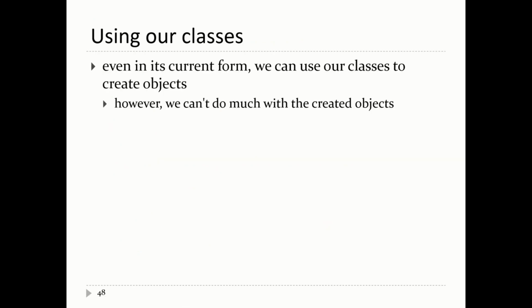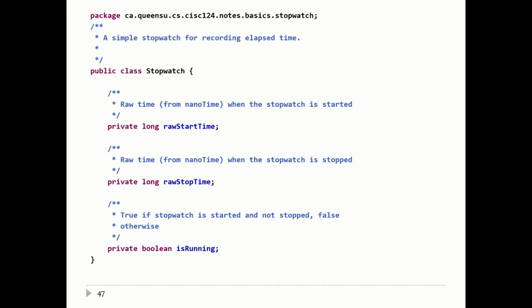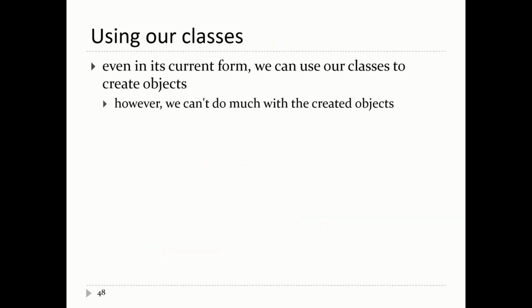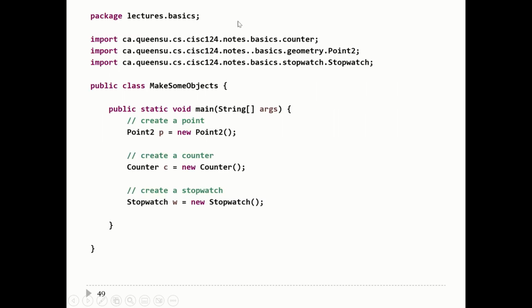Okay, using our classes. Can we actually use our classes? There's nothing here. There's a class, there's some fields. There's no methods, there's no constructors. So do the classes actually work? The answer is, somewhat surprisingly, yes, they actually work. You just can't do a whole lot with them. Here you can go ahead and import all the classes. Oops, sorry, that's a big C Counter. There's a double period here, that's a mistake too.